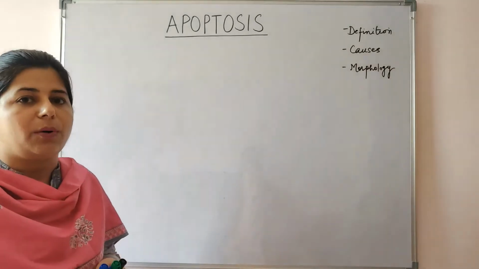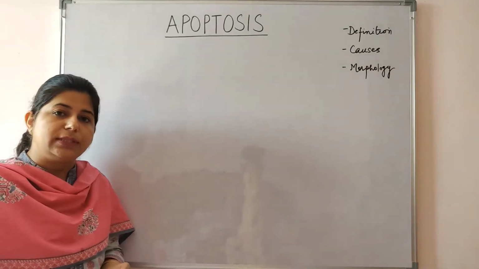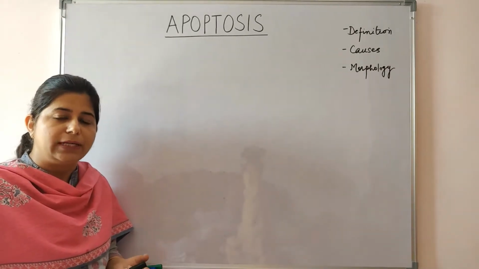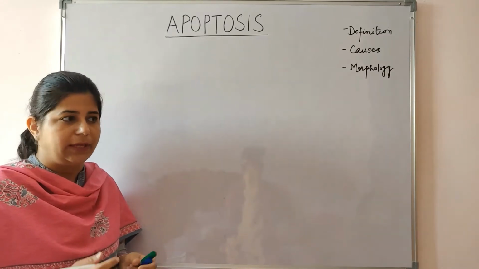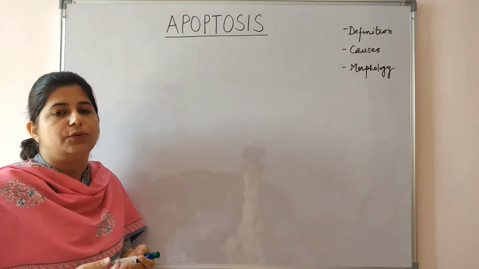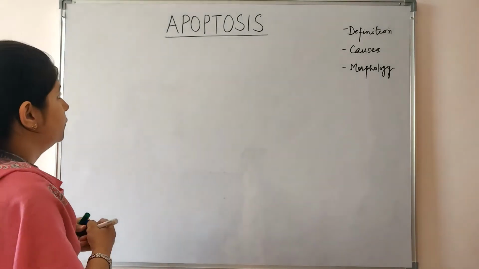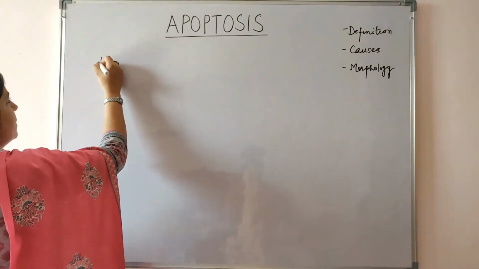So what is apoptosis? Apoptosis is derived from a Greek word that means falling off, like falling off of leaves during autumn. So what is the definition of apoptosis?